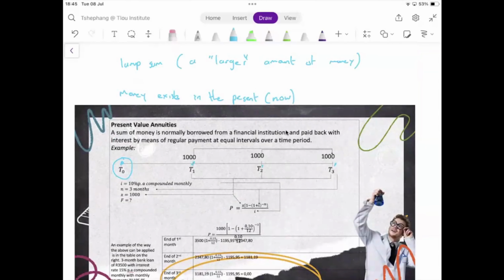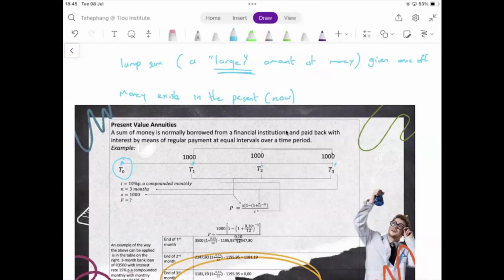I'm saying larger because this will always be greater than the regular payment, right? So for example, the loan that was granted to me was 10,000 rands. That is a lump sum. That is the money that they gave me at once. Larger amount of money given once off.